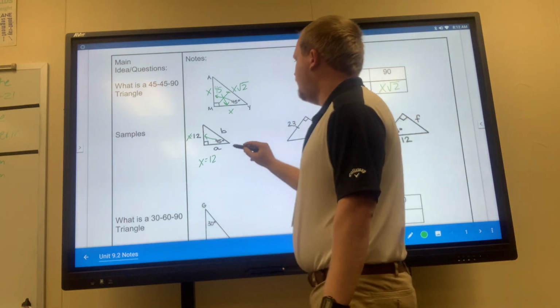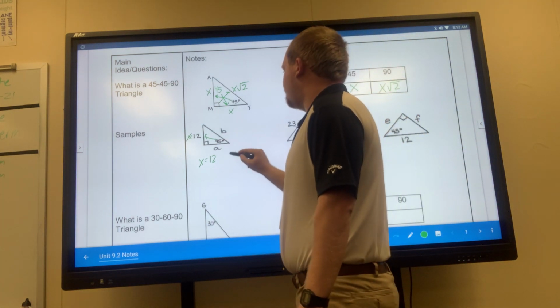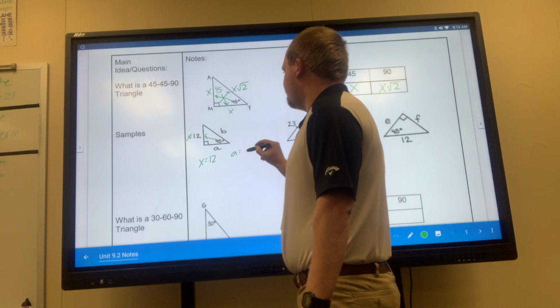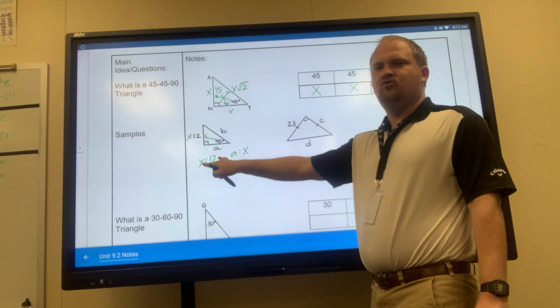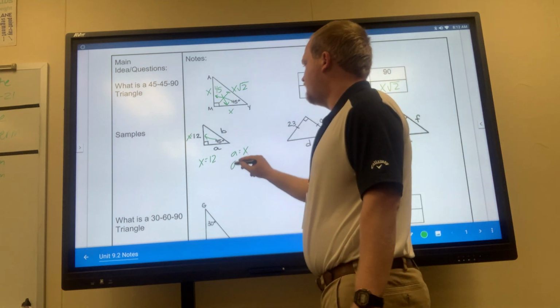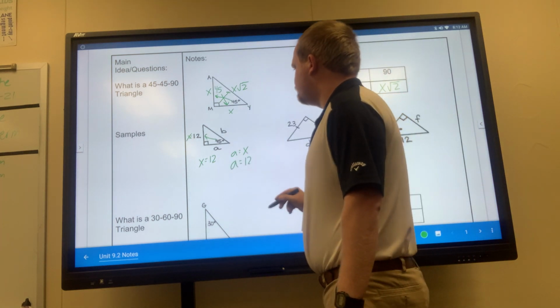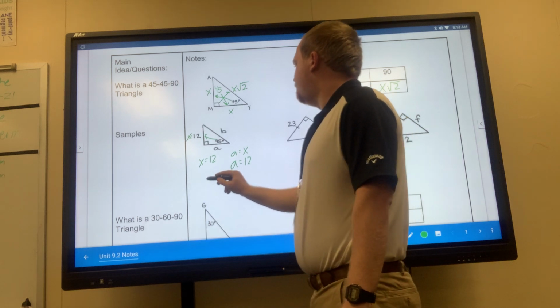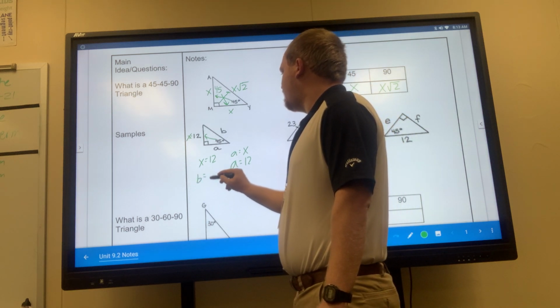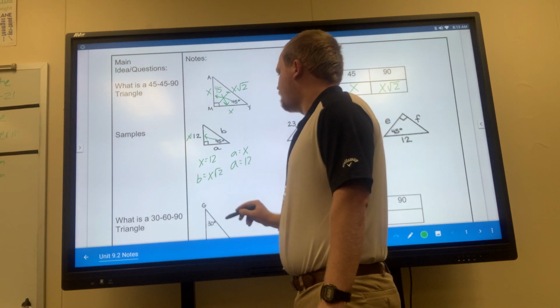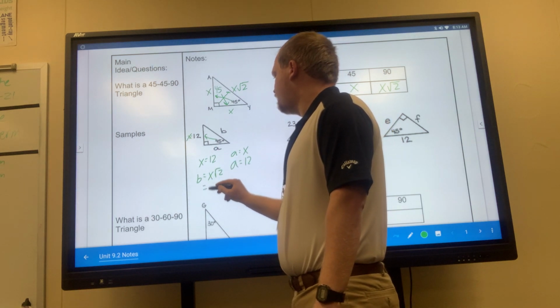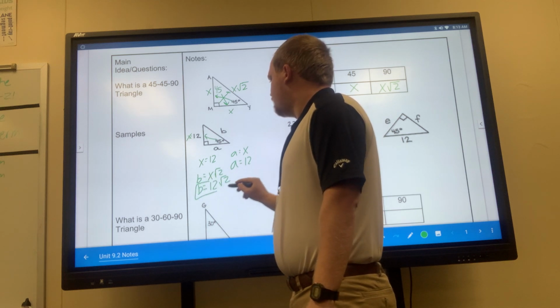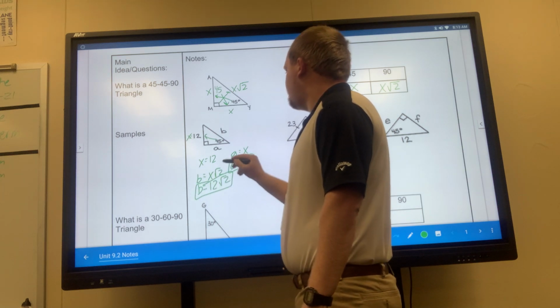Well, since a is opposite 45, that has to be x, and since I know x to be 12, a equals 12. And I know b has to be x square root of 2, and I can replace this x with 12. So there's b and there's a.